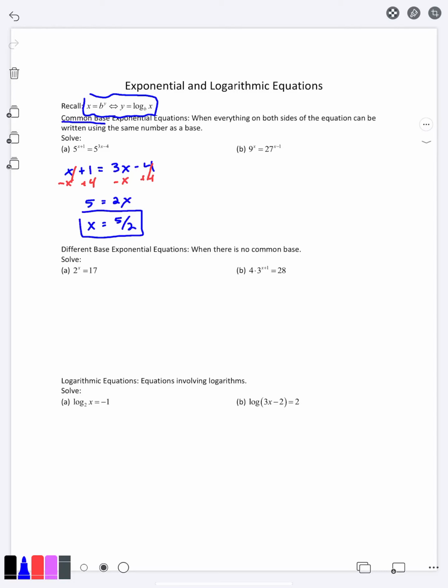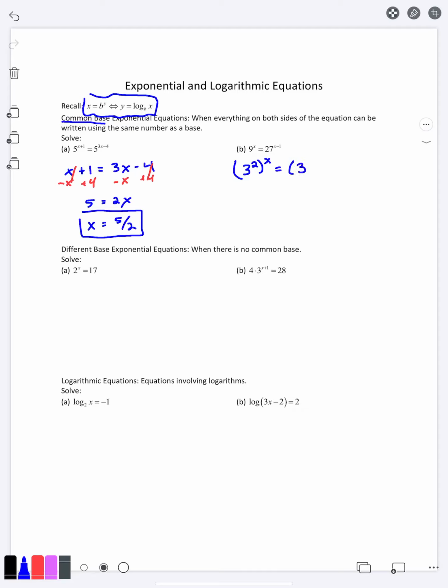Now for part B, I have 9 to the x equals 27 to the x minus 1. You might at first say that's not a common base equation because they don't have the same base, but we know that both 9 and 27 are powers of the number 3, so I can rewrite both sides to use 3 as a base instead. So 9 is 3 squared, and it was 9 to the x, so we have that.